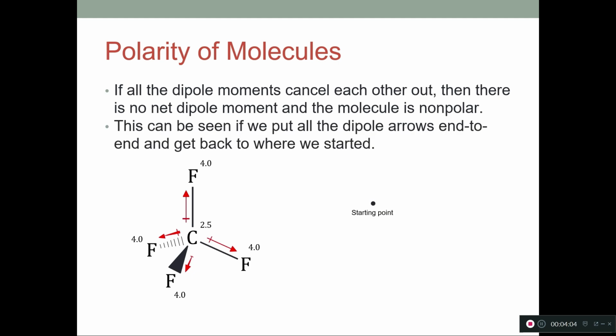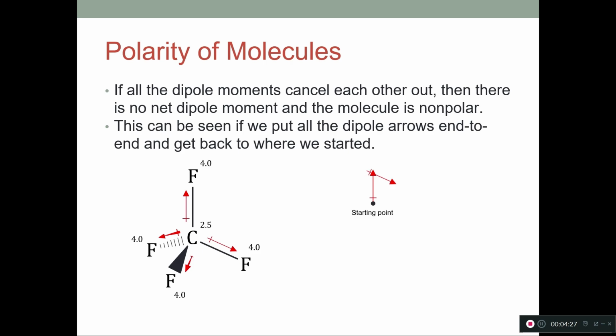So what we want to do is actually put these arrows end to end and see if we end up back where we started. If they end up back where we started, then we have a non-polar molecule. If we get somewhere different, then we have a polar molecule. If you've taken any kind of physics, you would know that this is just vector addition. So we can put one of the arrows here.